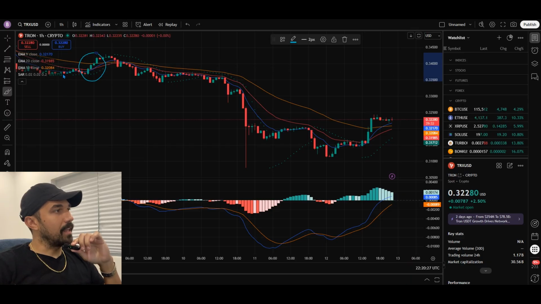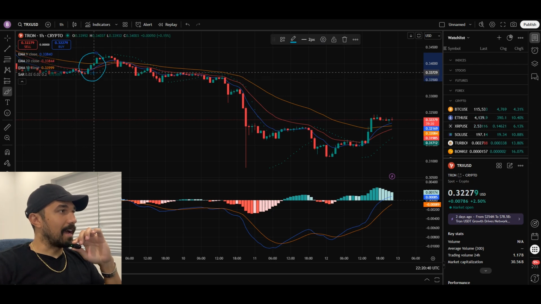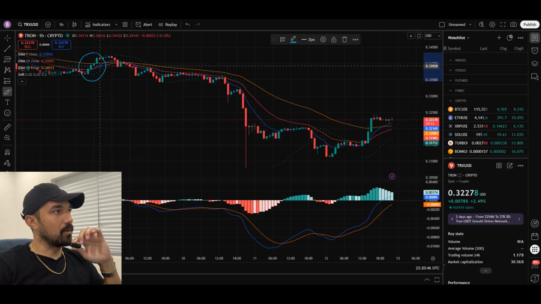Whenever the 9-day is below the 20 and below the 50, that's signaling a downtrend or consolidation area, right? But as you can see, as the 9-day started to cross over the 20-day EMA and then make its way over the 50-day EMA, that's a strong signal for an uptrend.